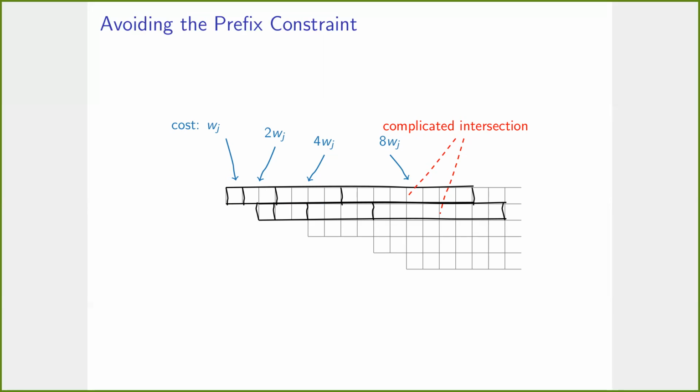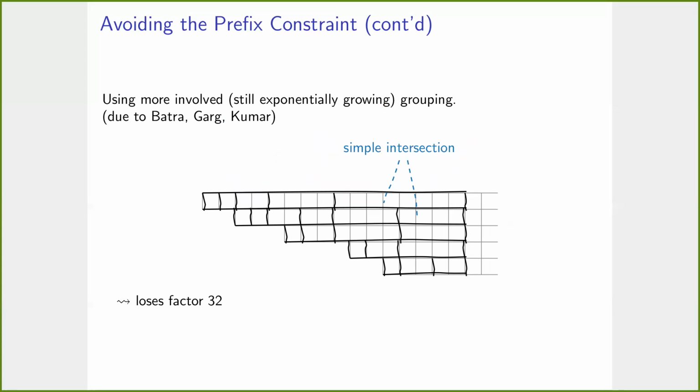And we can actually achieve that by a slightly more involved geometric grouping. You can think of it as having an exponential growth that's not quite as fast, but it will, in addition, satisfy these simple intersections.